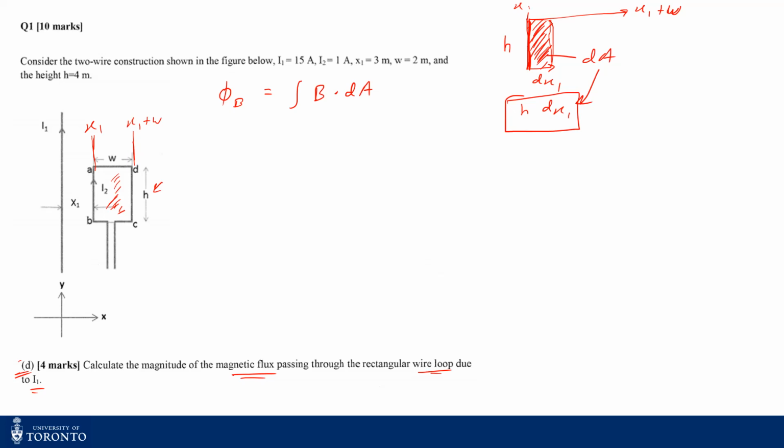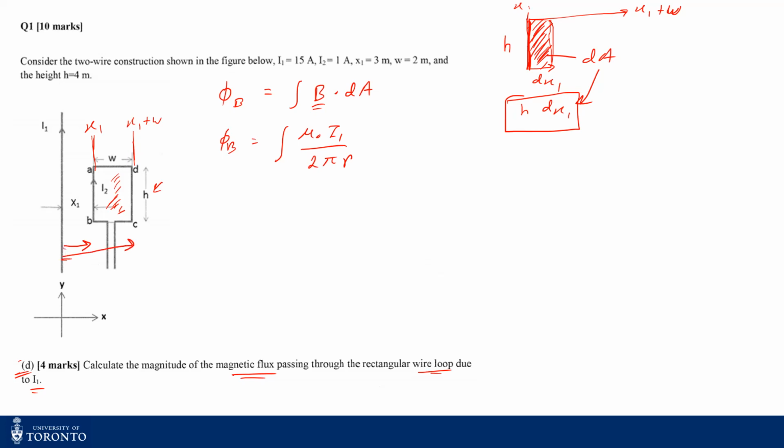All right. So now let's see our phi B. What's this going to be? It's the magnetic field, which is because of the current I1, so that's mu naught I1 divided by 2 pi r. This is the r that starts from x1, and we have to integrate from x1 to x1 plus w.